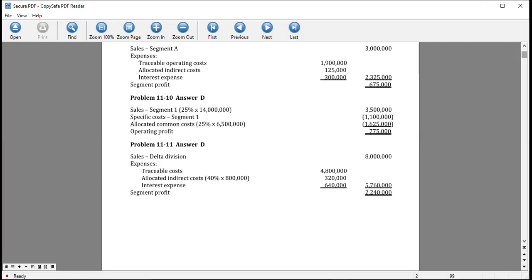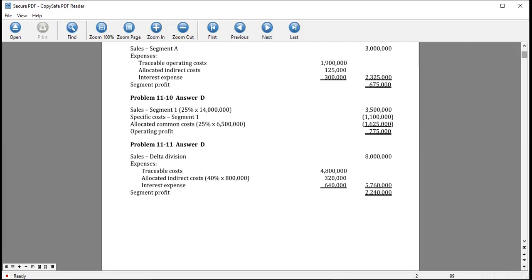For internal reporting purposes, the entity allocates common costs based on the ratio of a segment's sales to total sales.